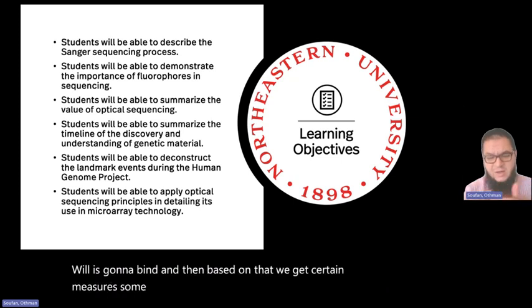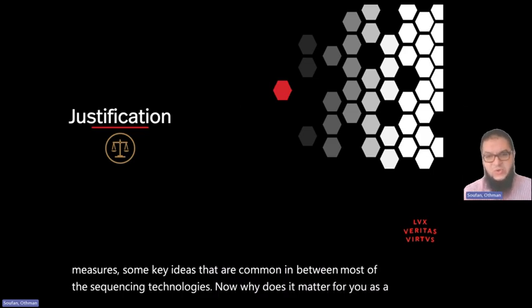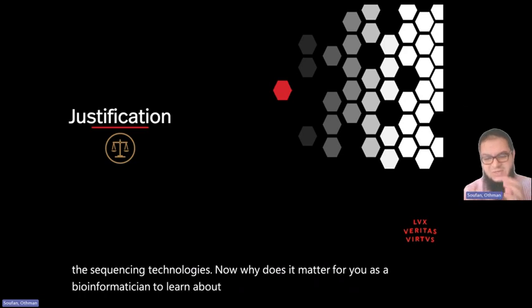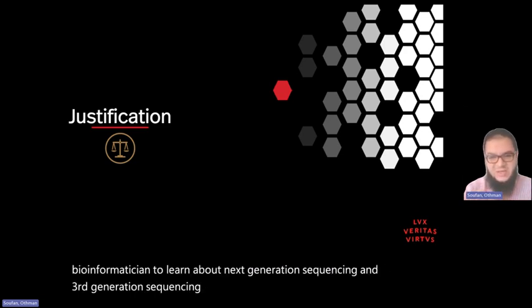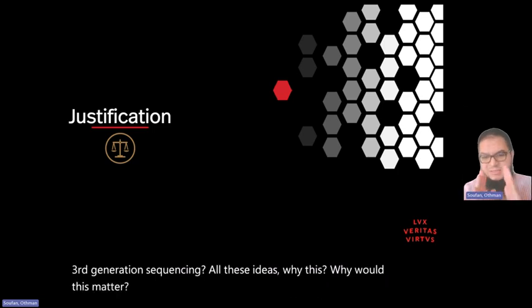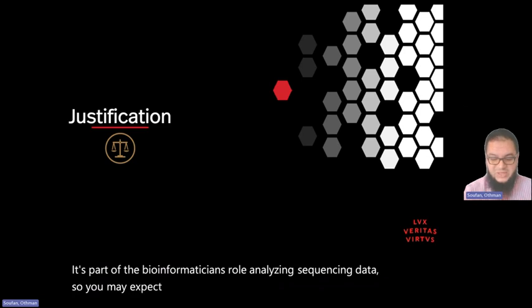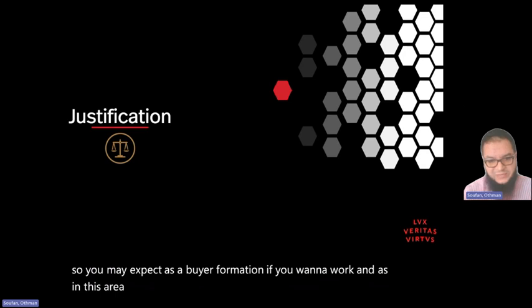Some key ideas that are common between most of the sequencing technologies. Now, why does it matter for you as a bioinformatician to learn about next generation sequencing and third generation sequencing, all these ideas? Why would this matter? Well, it's part of the bioinformatician's role analyzing sequencing data. So you may expect as a bioinformatician, if you want to work in this area as a profession, you might be tasked to work with sequencing data.